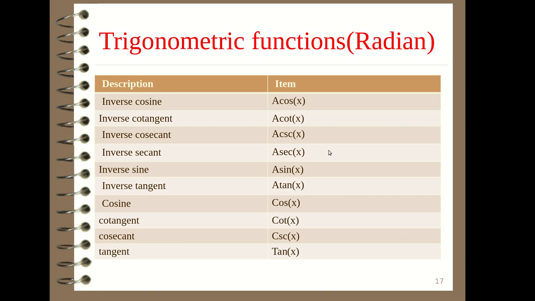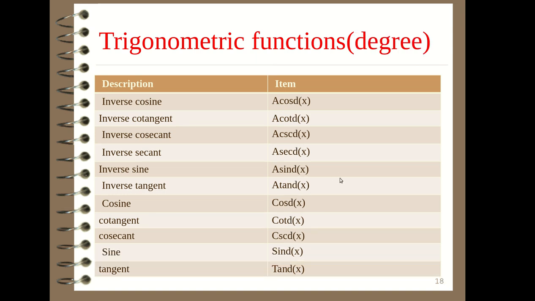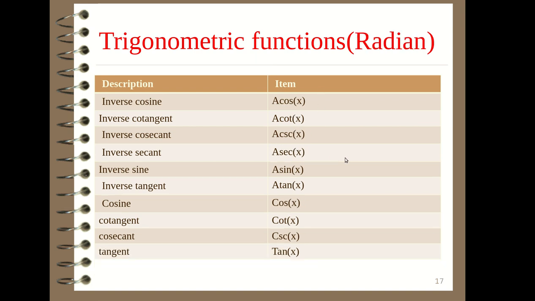However, if you want to calculate the function for the degree itself, then you just add d after the name of the function, to indicate degree. All of them are the same, but the difference is the d. This is the main difference between this and that.